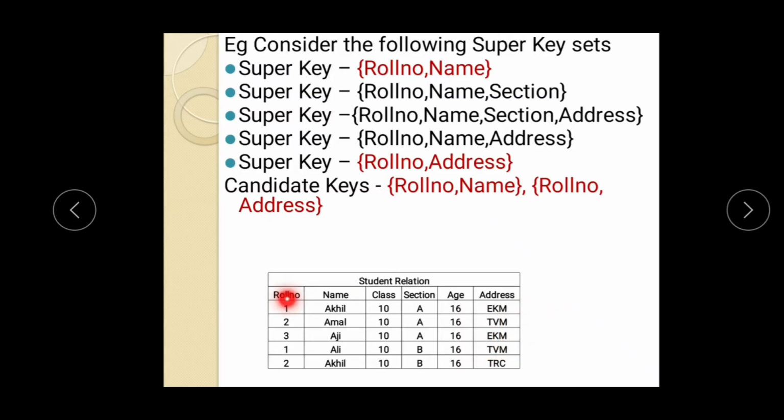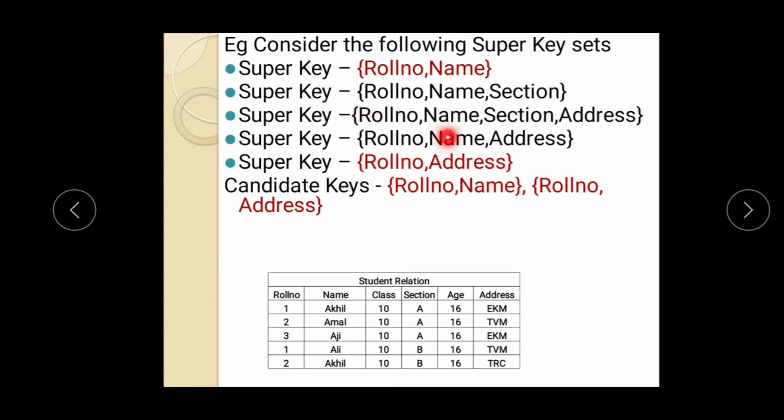So address cannot be used to identify a particular record. Suppose I eliminate address, so I have only roll number as the key. Am I able to identify the record using roll number alone? No, roll numbers are repeating. So this super key is not reducible further. So this is a candidate key.